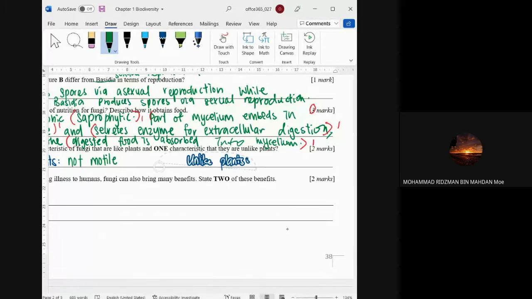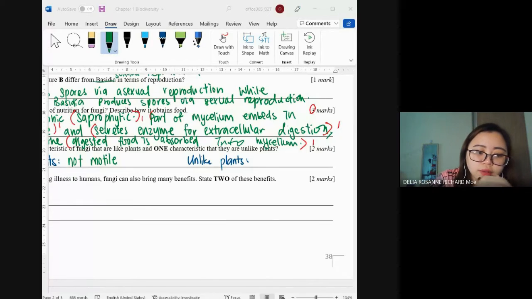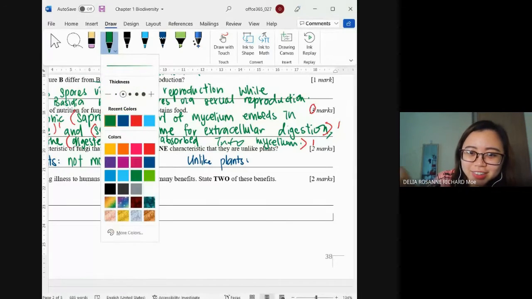Kalau cakap dia punya mode of nutrition, boleh, boleh. So kita cakaplah dia punya mode of nutrition is what? Okay, so this one you already know.